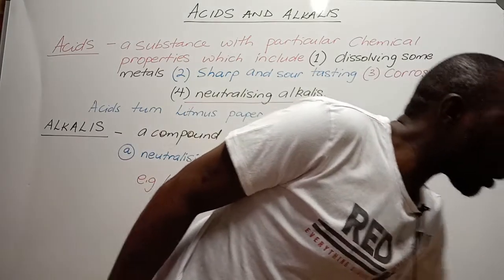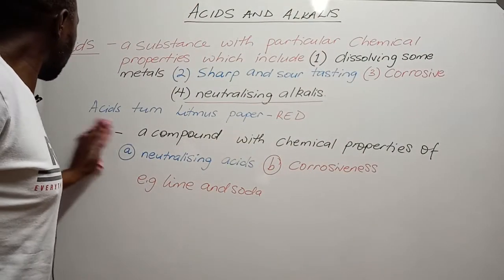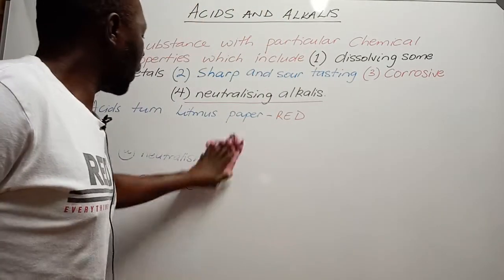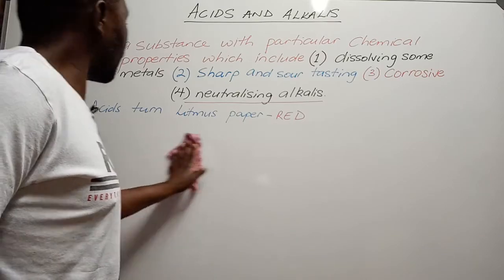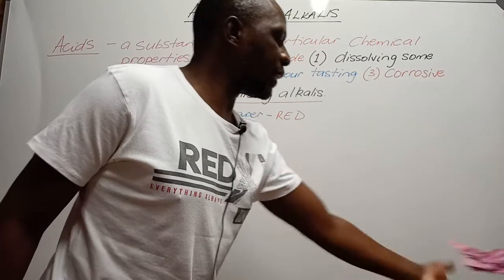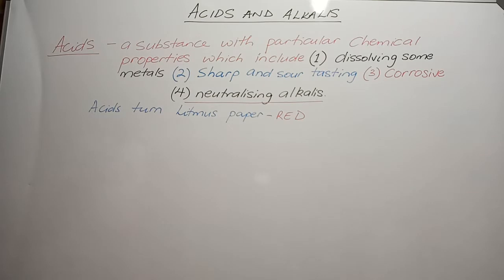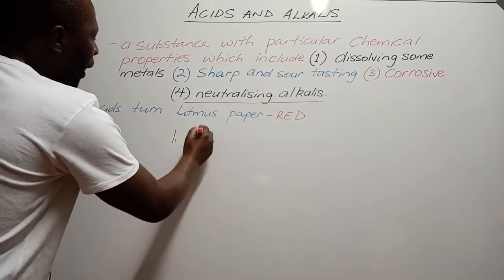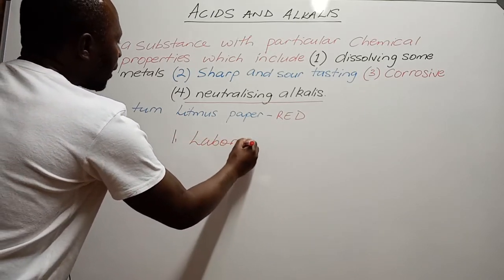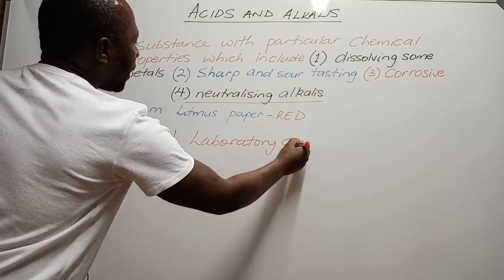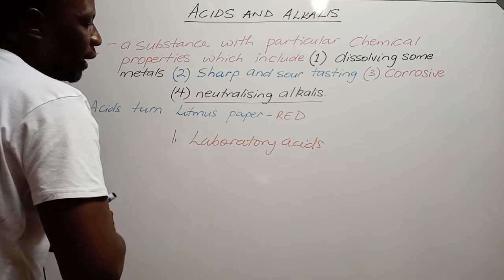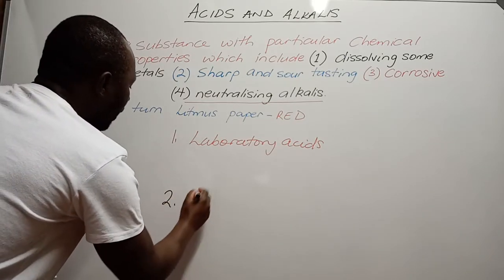Now let's forget a little bit about alkalis and discuss more on acids. We can classify acids basically into two groups. The first group could be laboratory acids, and the second group could be, let's say, human acids.